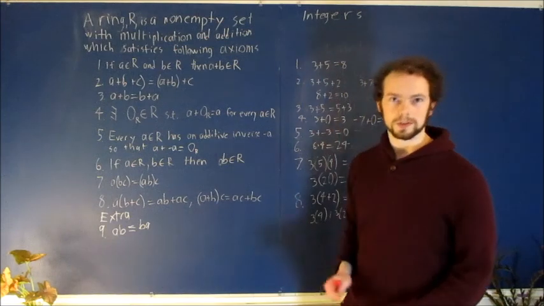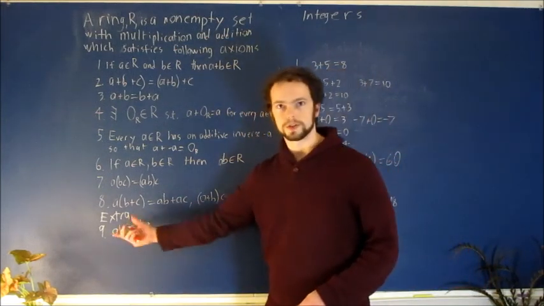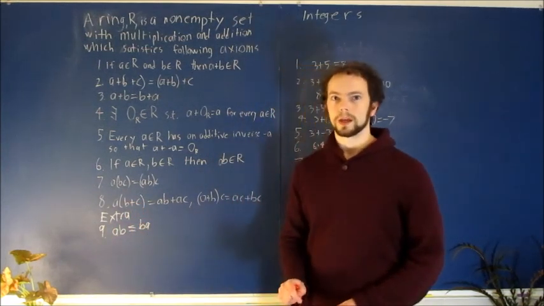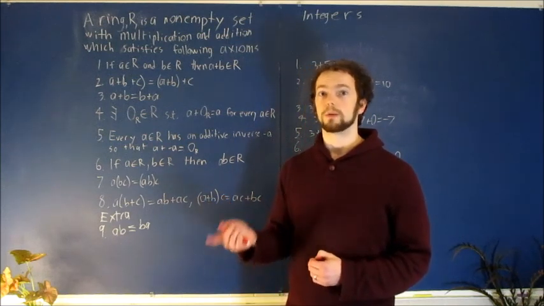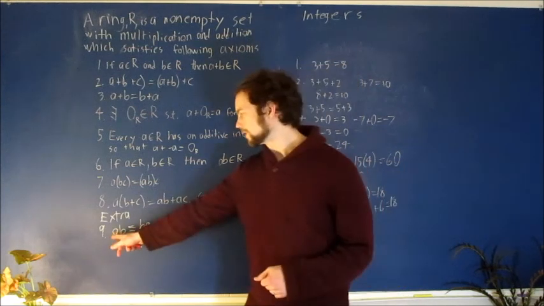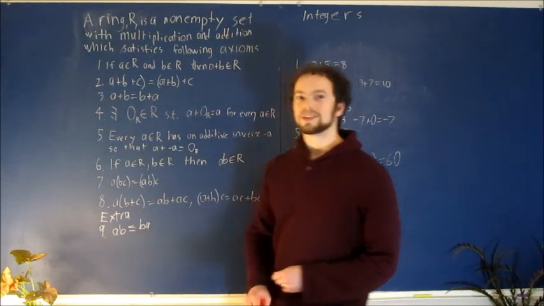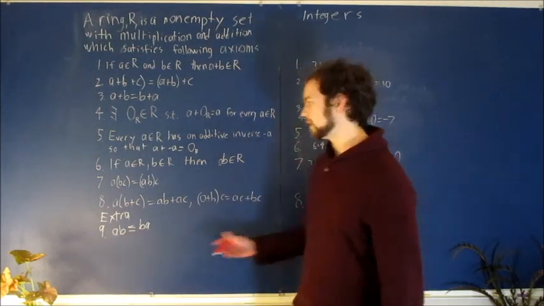The integers have this property. When you're talking about integers, it doesn't matter which order you multiply things in. For some other rings, like rings where the elements are all matrices, matrix multiplication, you may remember, is not generally commutative. So some rings may not have this property. We'll talk about those later.